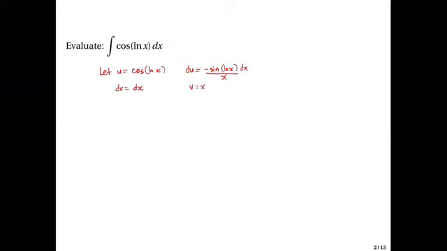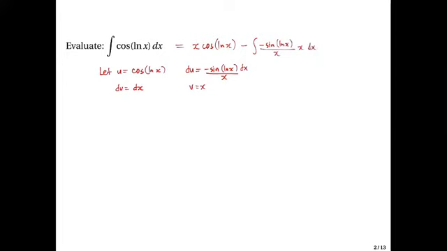So with this, we can now have uv. So we have x cosine of ln of x minus the integral of v du. So integral of negative sine of ln of x divided by x, and then you have x dx.